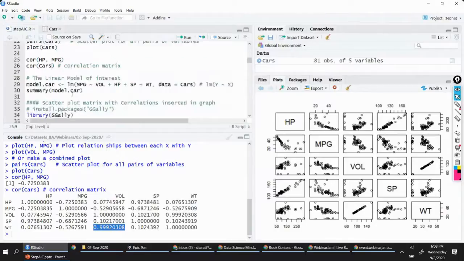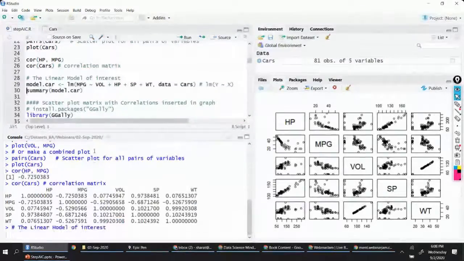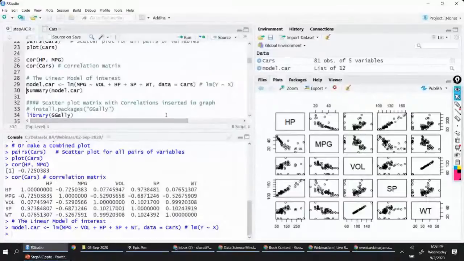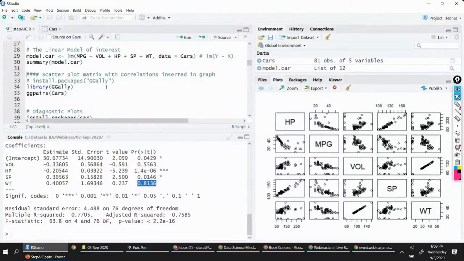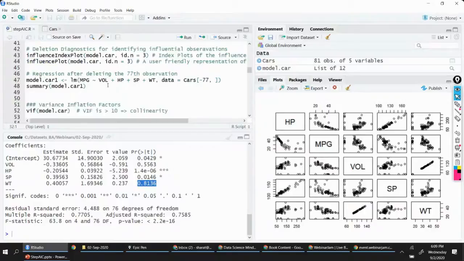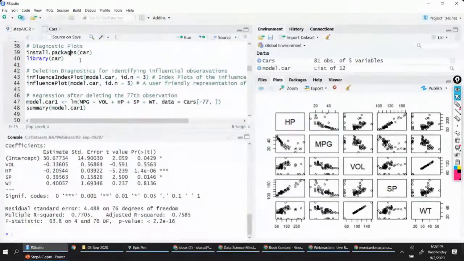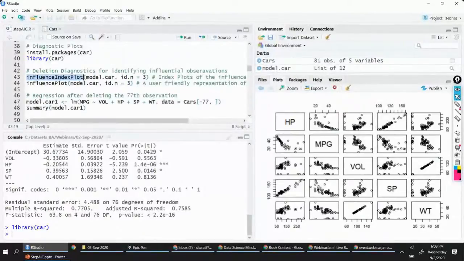Now, if I proceed with this model, I will see that the coefficients are becoming insignificant, right? When you have these kinds of insignificant variables, we can proceed further and try to eliminate the influential observations. The influence index plots will give you the influential observations, okay?